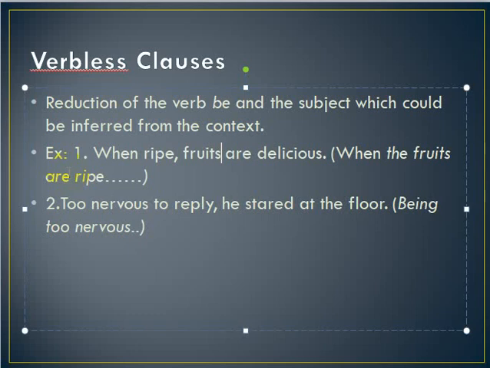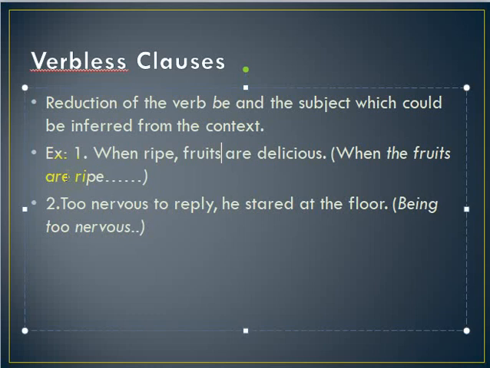Example number 2. Too nervous to reply, he stared at the floor. Okay, too nervous to reply. This is the verbless clause, which has no subject, no verb. What to do? We have to bring the subject and the verb.